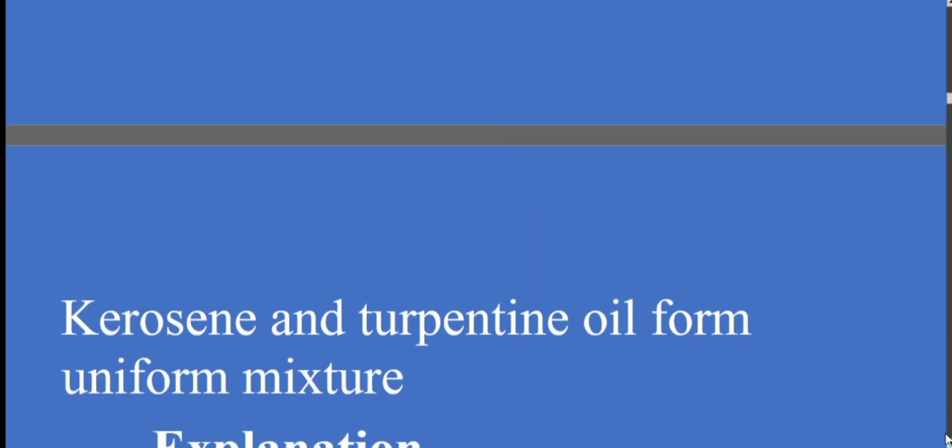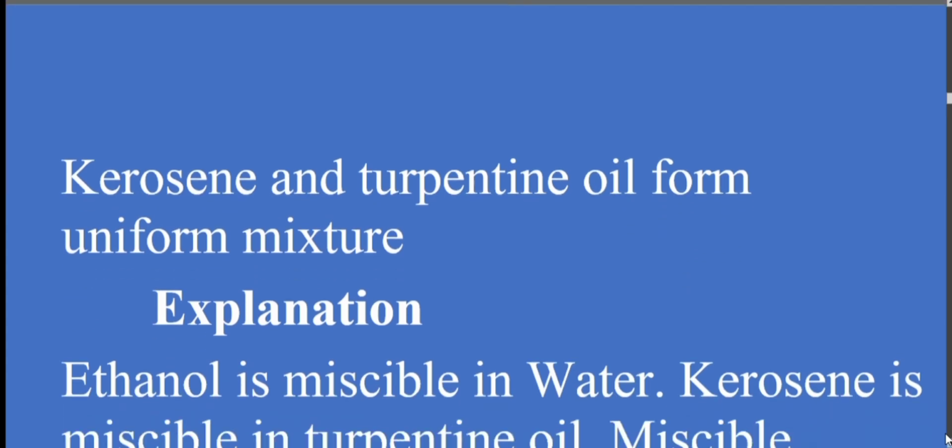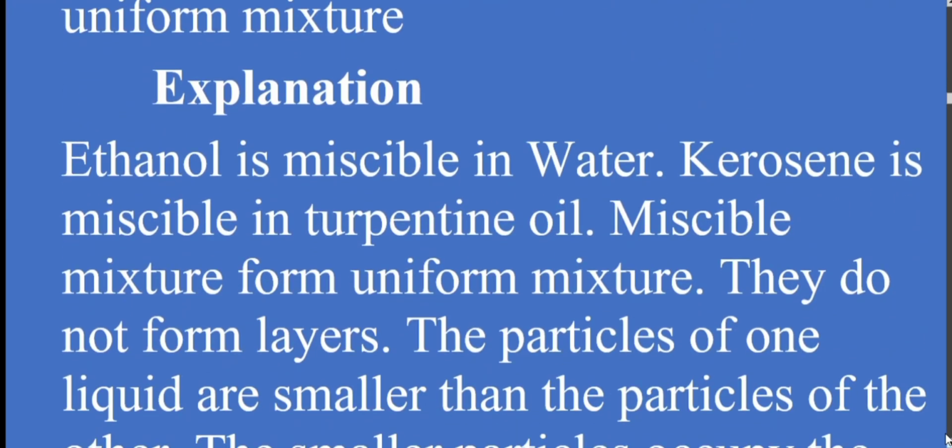Kerosene and turpentine oil also form a uniform mixture. So ethanol is miscible in water, and the same applies to kerosene, which is also miscible in turpentine oil.